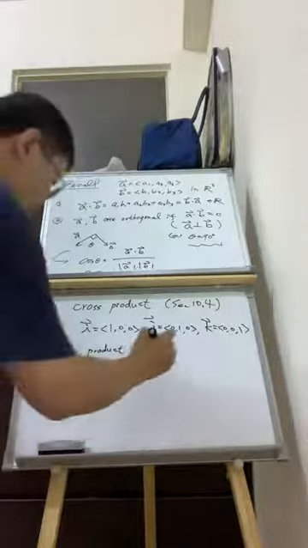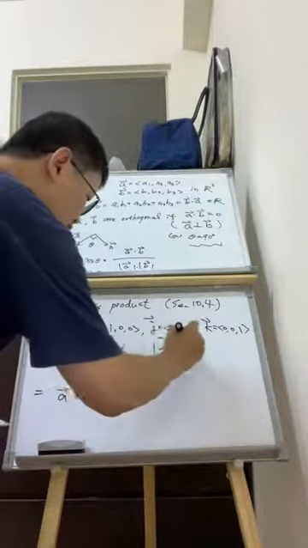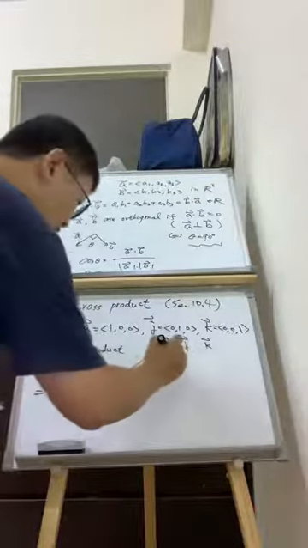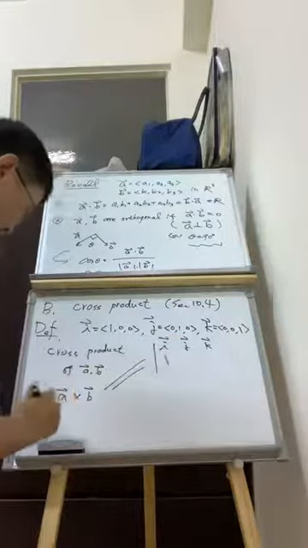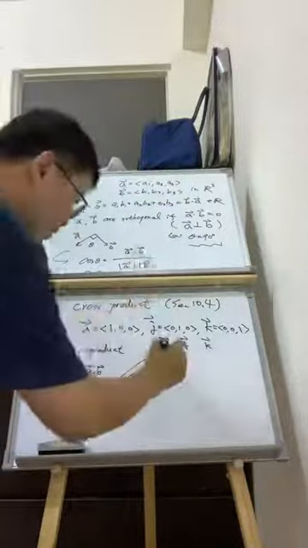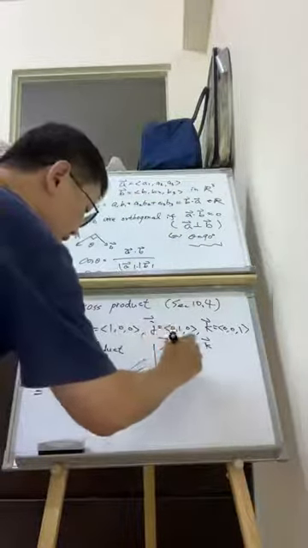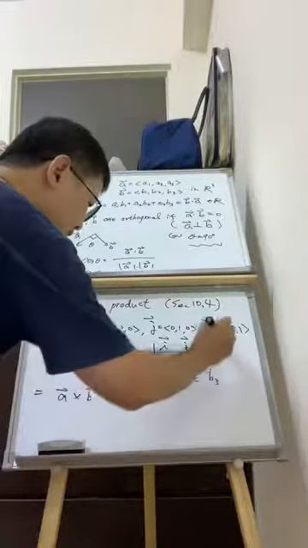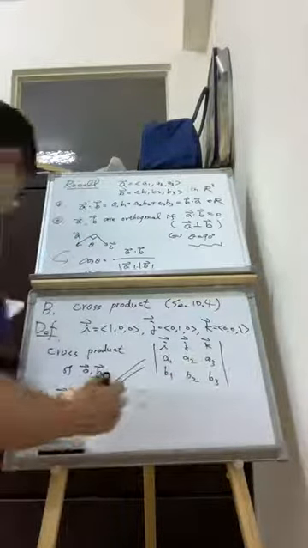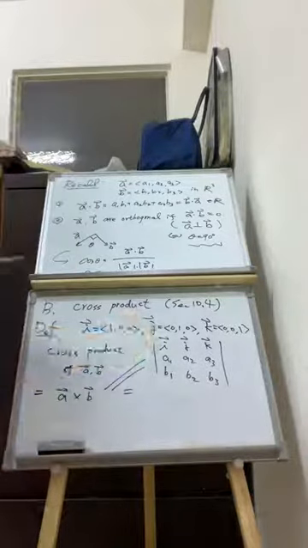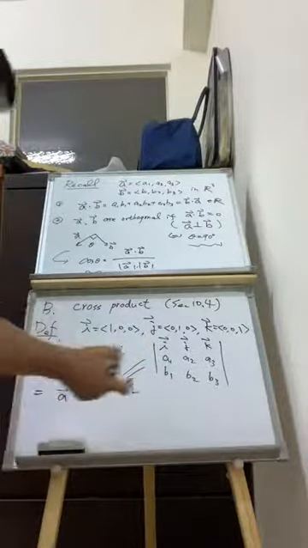In this notation, with i, j, k, A is (A1, A2, A3) and B is (B1, B2, B3). So here we put down the values A1, A2, A3 and B1, B2, B3. We use something like a determinant.